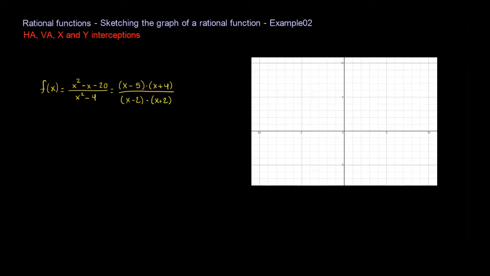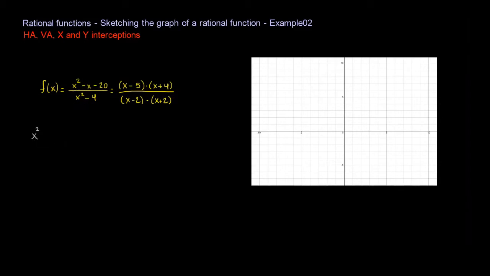Now I'm going to start by finding the horizontal asymptote, which is I believe the simplest one. For this horizontal asymptote, you just divide the term in the numerator with the biggest exponent by the term in the denominator with the biggest exponent, and look for the ratio of these two.